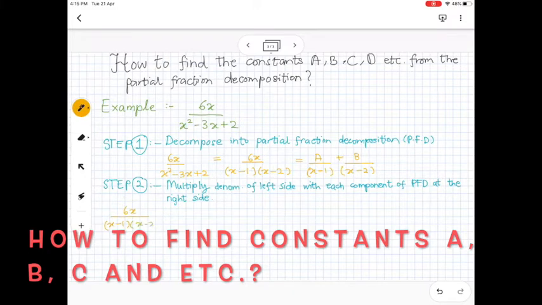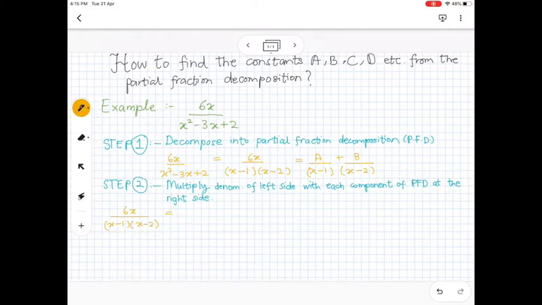Once you decompose it into partial fraction decomposition, that is the first step. Now we move into the second step, which is you need to multiply the denominator of the left side with each component of the PFD on the right side. Here I have written it down for you. What I mean by multiplying the denominator from the left side to the right side is you need to do it like this.